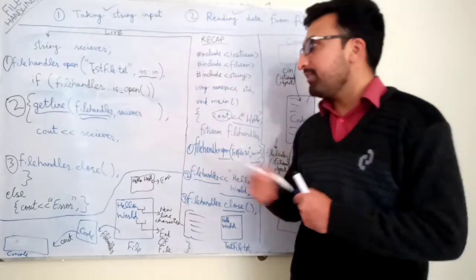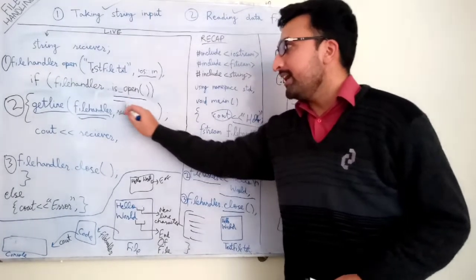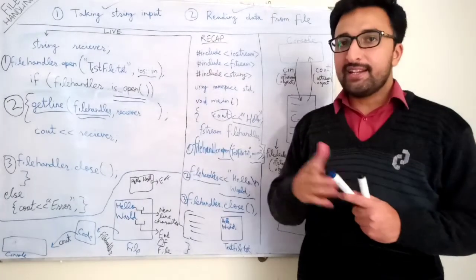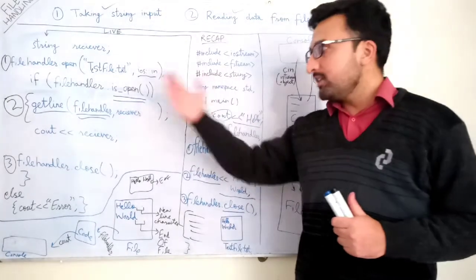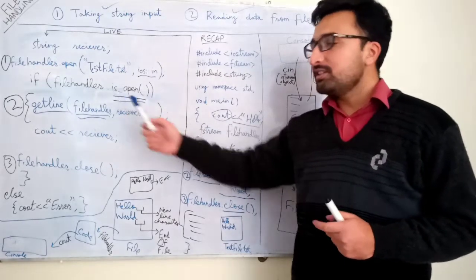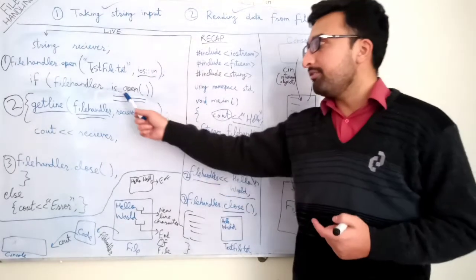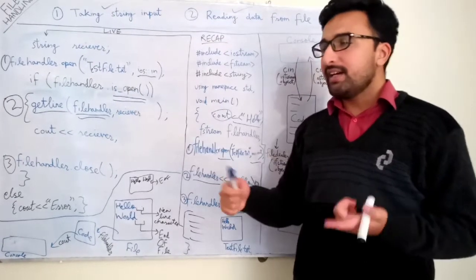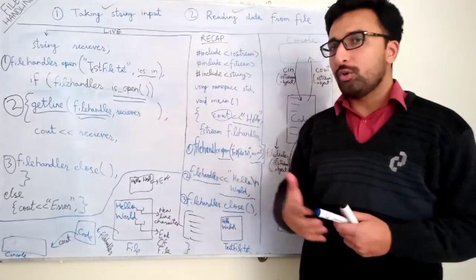There is another function named isOpen that checks whether the file we are trying to open is open or not. This function returns 1 if the file is open, and it returns 0 if the file is not open.